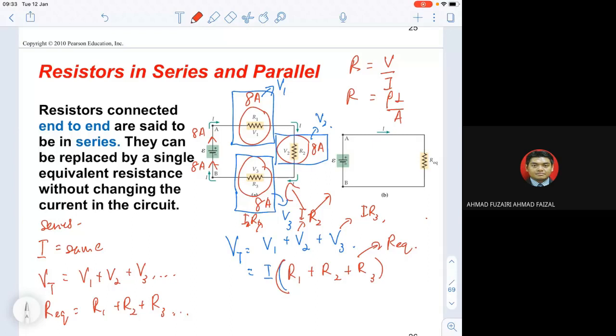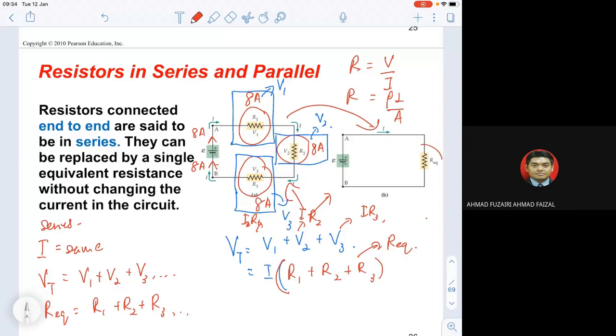When solving problems of resistors in series, let's say you have R1, R2, and R3, and we manage to get the R equivalent, so we add everything. Let's say R1 is 10, R2 is also 10, and R3 is also 10. So you will have 30 ohms of resistance.